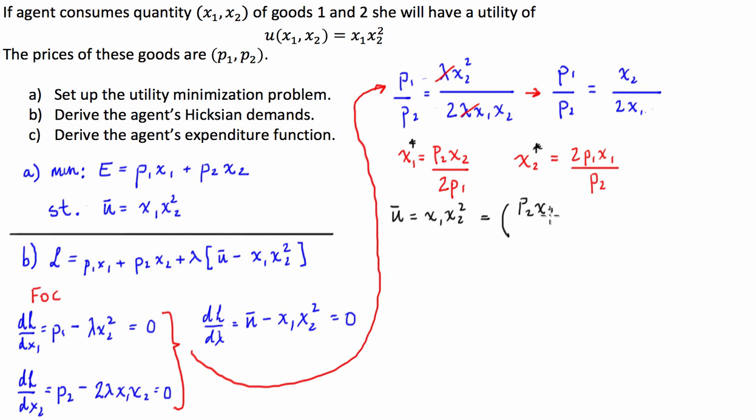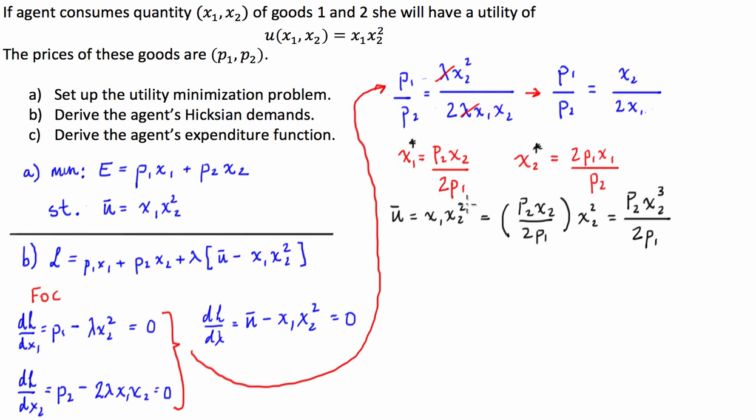P2 x2 on 2P1 times x2 squared, which is equal to P2 x2 cubed divided by 2P1. Okay, so once we've got to there, we then have to get the x2 to the power of 3 by itself.